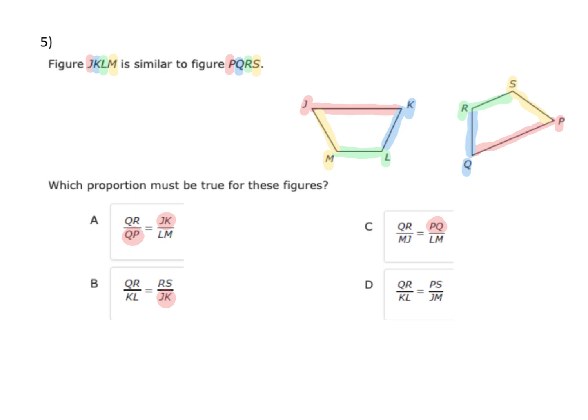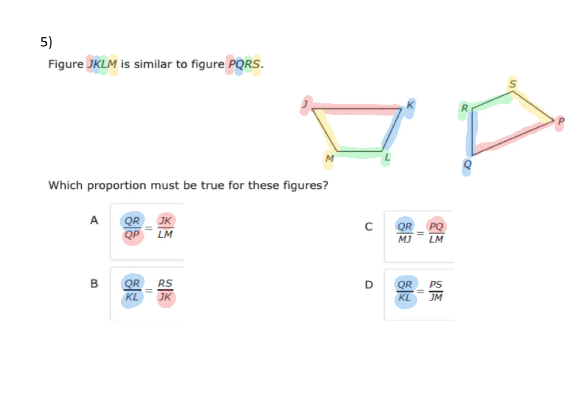Now I'm going to go to blue. So anywhere there's a KL or a QR, I'm going to color code blue.